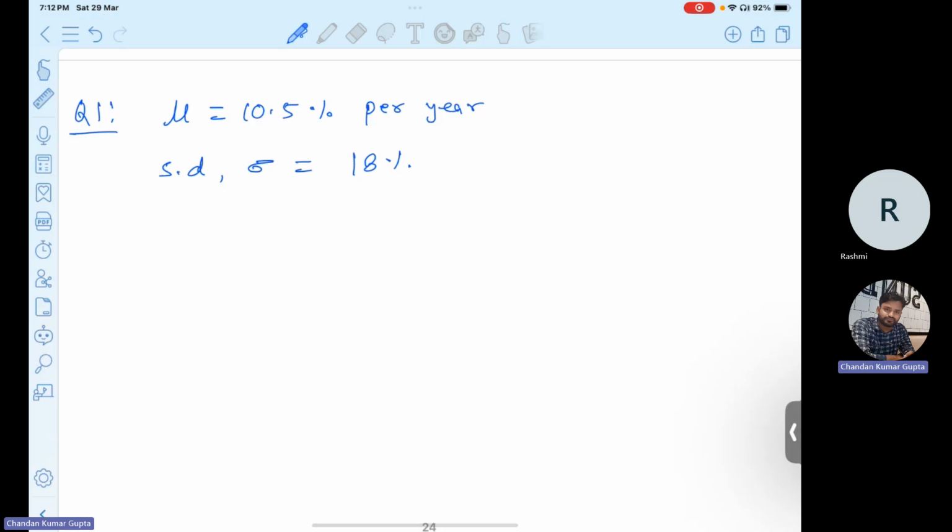If returns are assumed to be normally distributed, we need to construct a 95% confidence interval for the portfolio return next year.